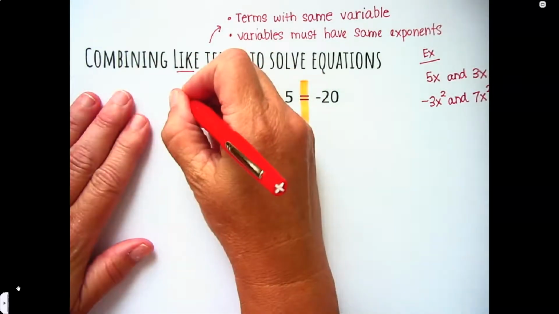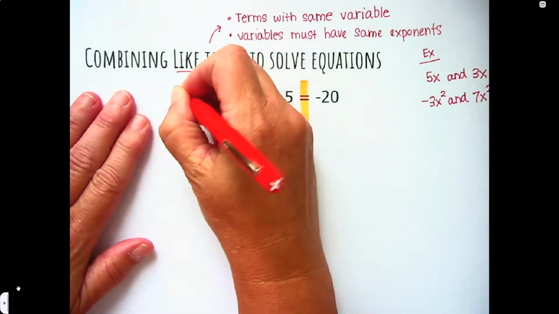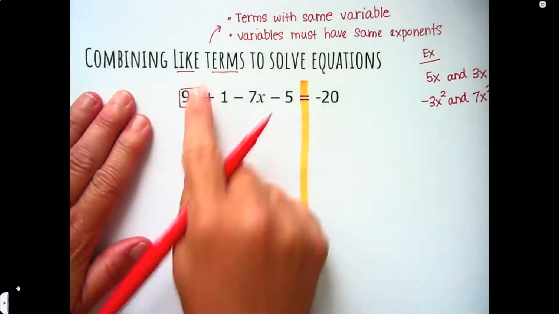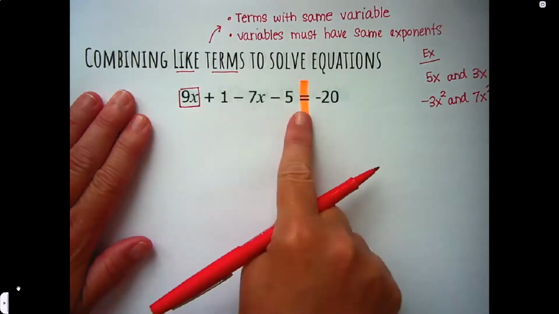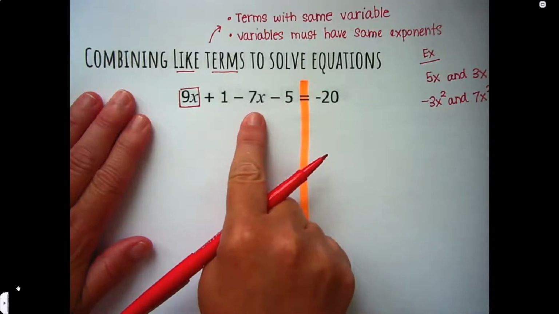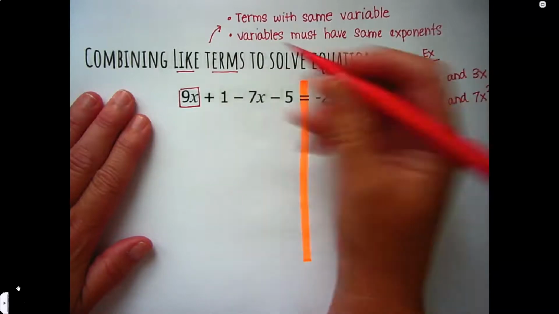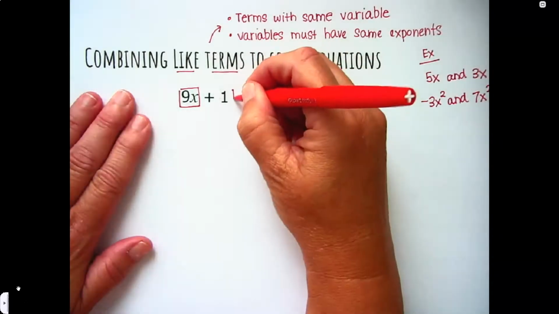So I have 9x right here as a variable of x raised to the first power. So when I look at my other terms, here's another term that has that same characteristic. It has an x, that x is raised to the first power. Now, here's something that's really important.